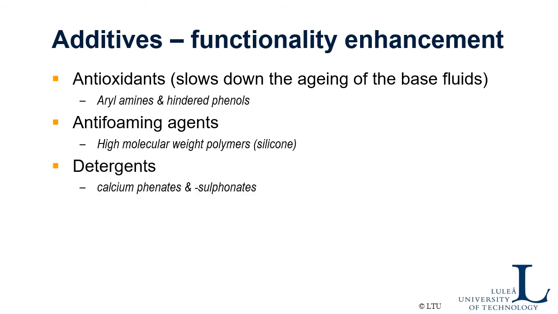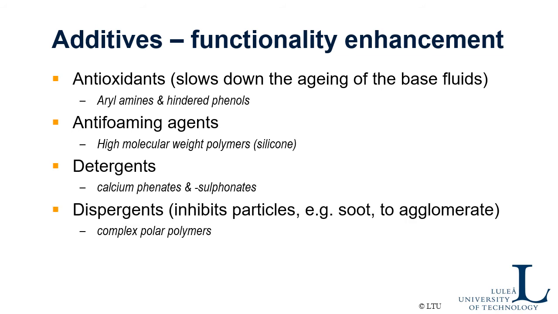You also have detergents, so they also keep the acids under control, but they also clean the surfaces, keep the surfaces free from deposits that could be important in an engine, for example.